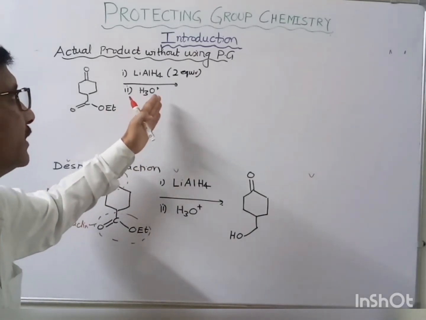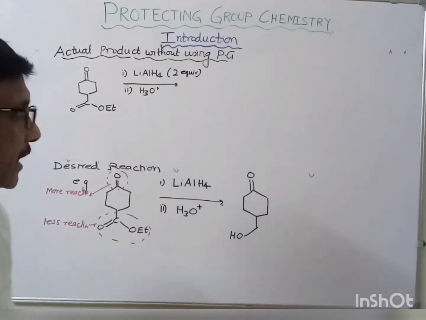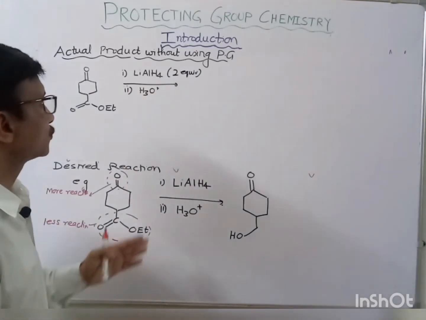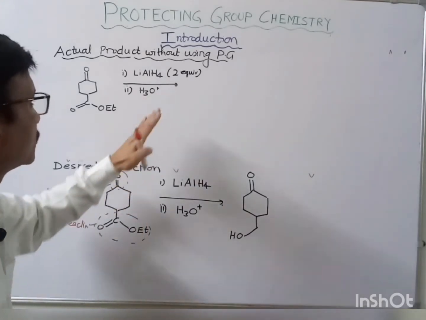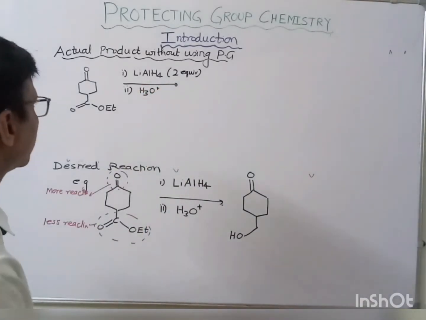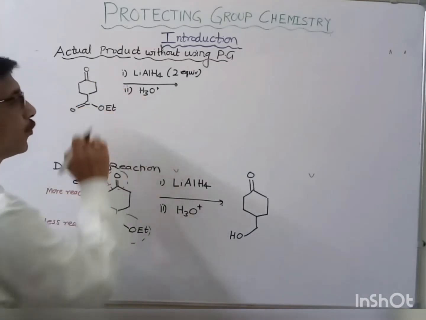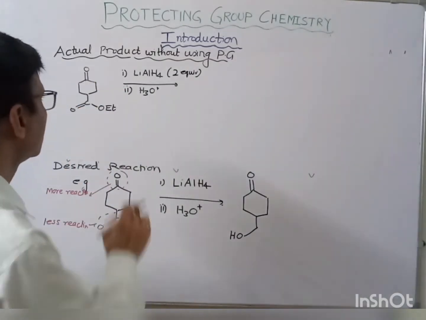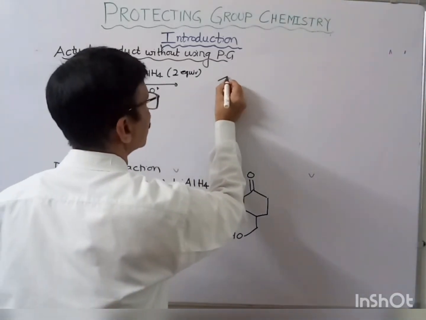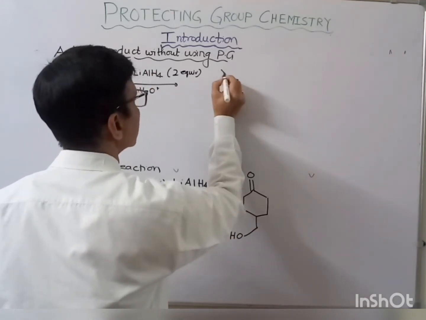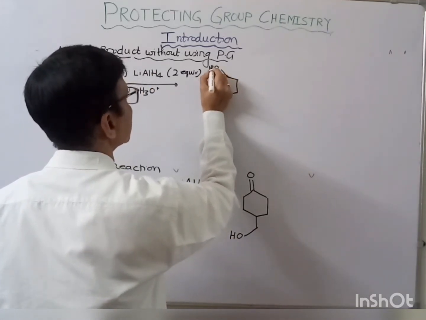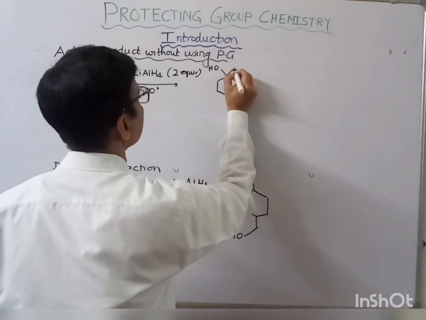Since lithium aluminum hydride is an expensive reagent, we should not take the excess one. Suppose we are taking two equivalents, then in that case both will get reacted, and the product that we will get, this will be the product. Okay.